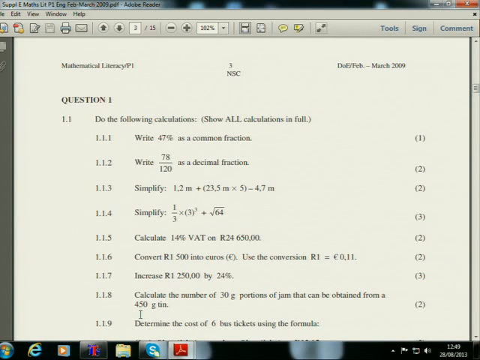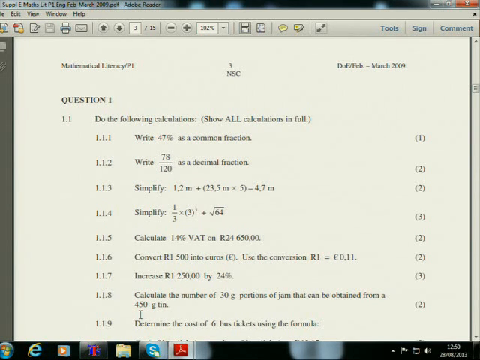1.1.6 requires us to convert 1,500 rands into euros, and we are given the conversion there that we must use.